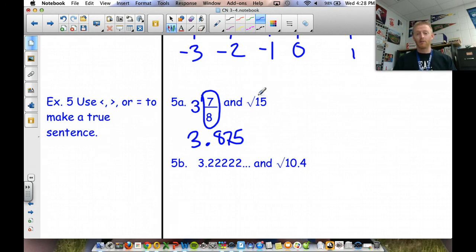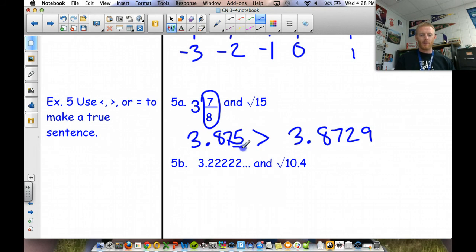It's going to be pretty close to 4, right? So it's going to be 3 point something, so I better check myself here. 15, I get 3.8729. So 3 and 7/8 is just bigger based off of our thousandths place value.